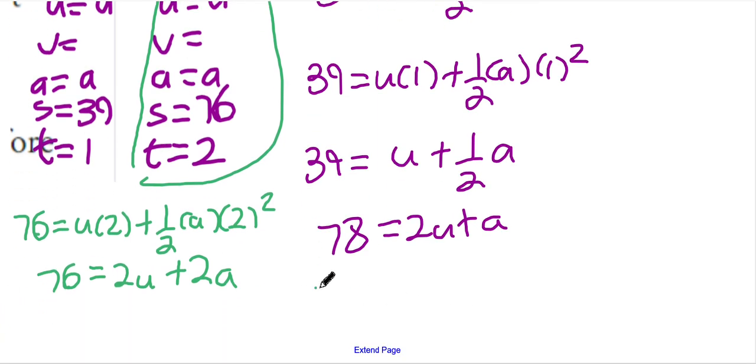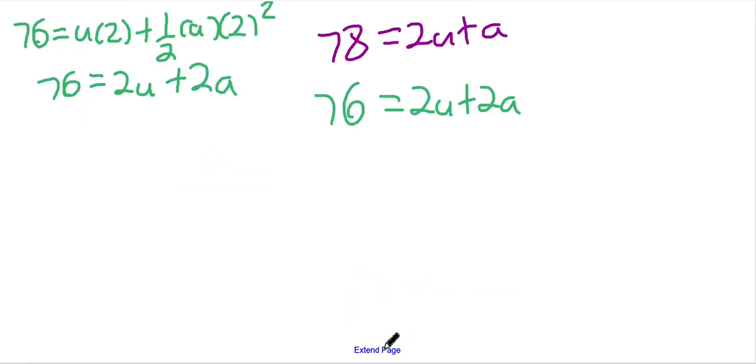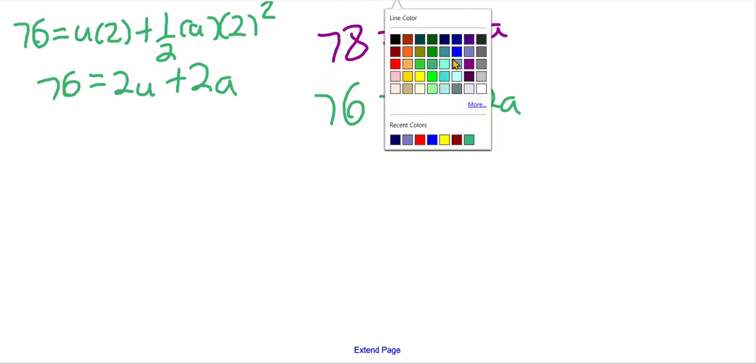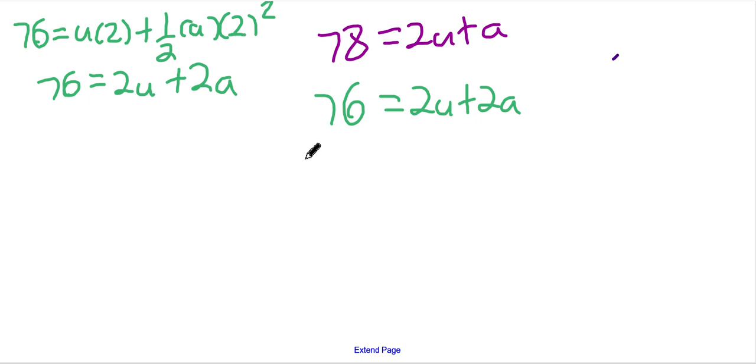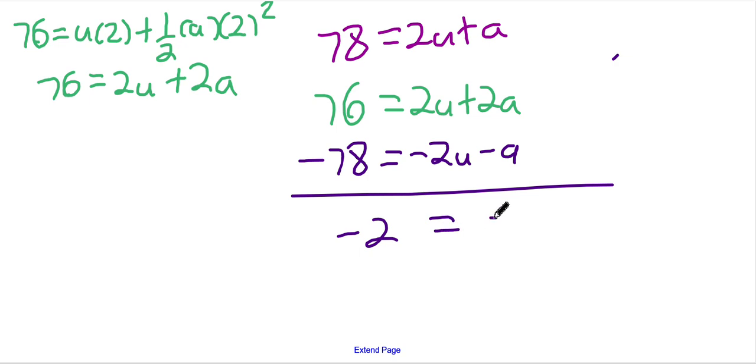Do the green one take away the purple one. If you multiply the purple one by minus, you'll get minus 2 equals a. It's consistent with deceleration of minus 2, isn't it?